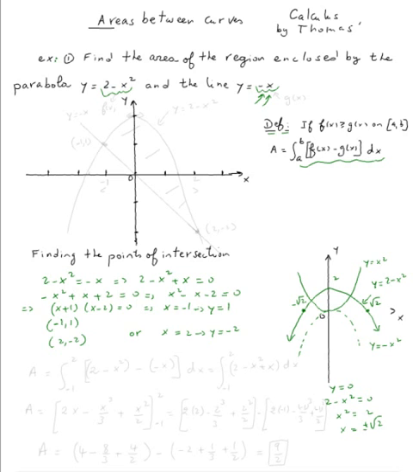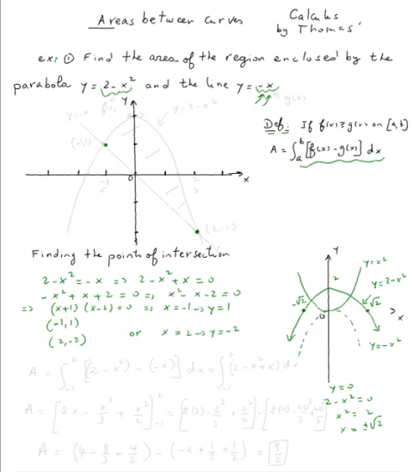So first let's plot those points. Negative 1, 1 will be right here, and 2, negative 2 is this point right here. So we know these 2 points belong to both curves. To graph y equals 2 minus x squared, we know how it looks like.